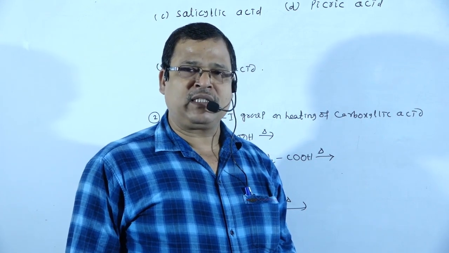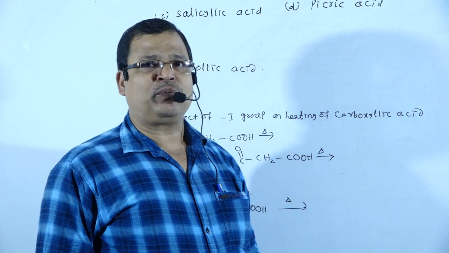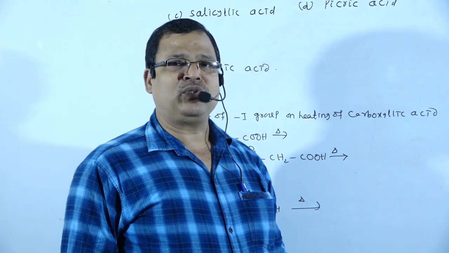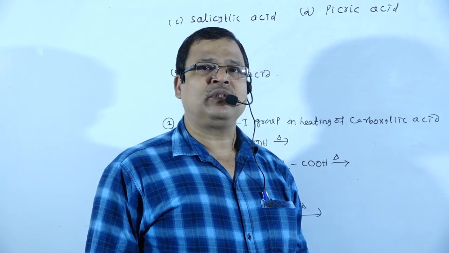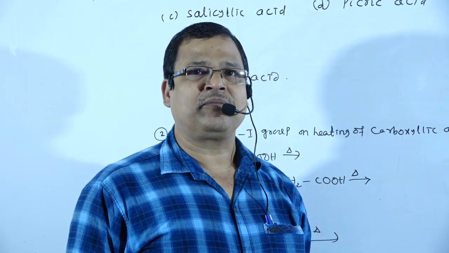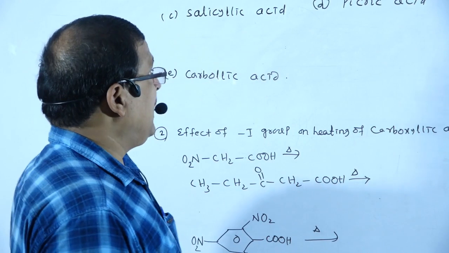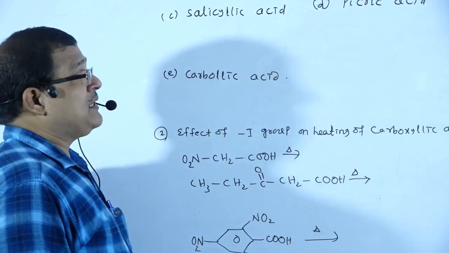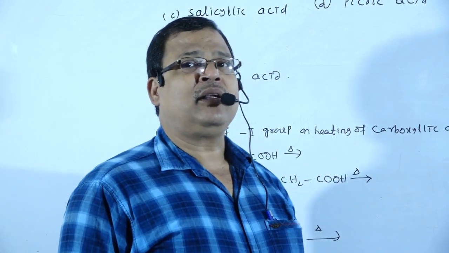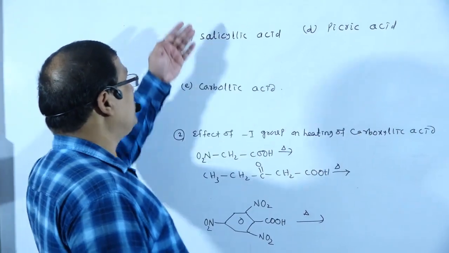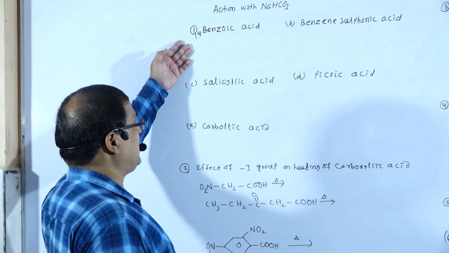Benzoic acid is more acidic than phenol, because the benzoate ion is more stable than the phenoxide or phenate ion, and that is explained on the basis of the reaction with sodium bicarbonate with the release of carbon dioxide.